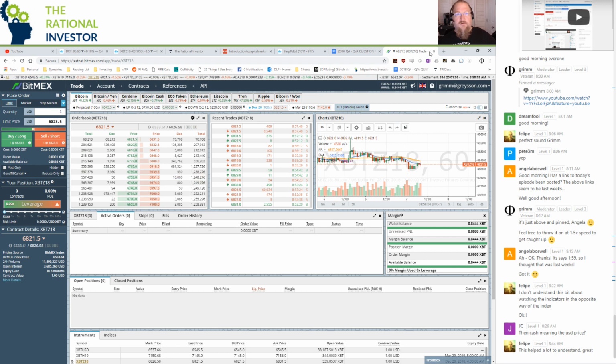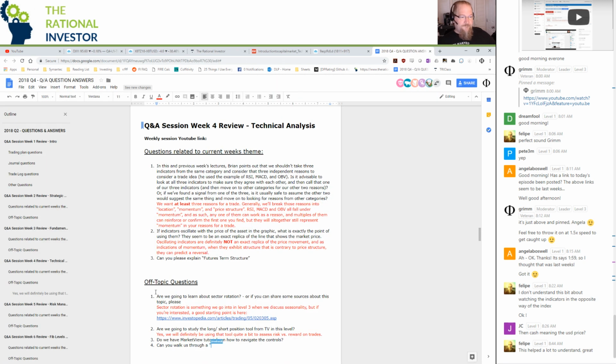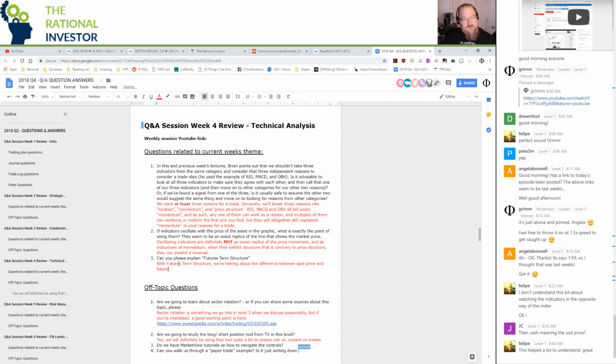That is one of the intermarket relationships we're talking about. So let me put it this way and see if this makes sense. With futures term structure, we're talking about the difference between spot price and futures price for an asset.